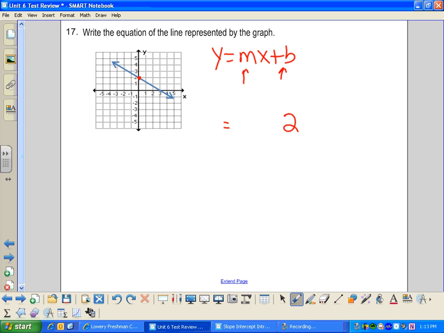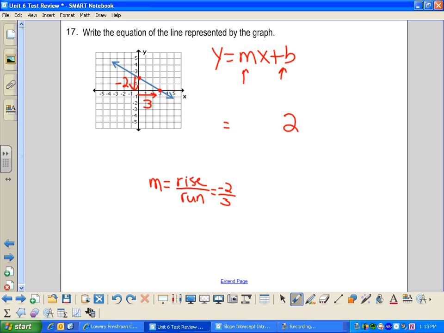And how do I figure out what the slope is? I'm going to do rise over run. I'm going to pick 2 points that are obvious to me. So I'm going down here. I got -2 and +3. My rise was -2 and my run was 3.